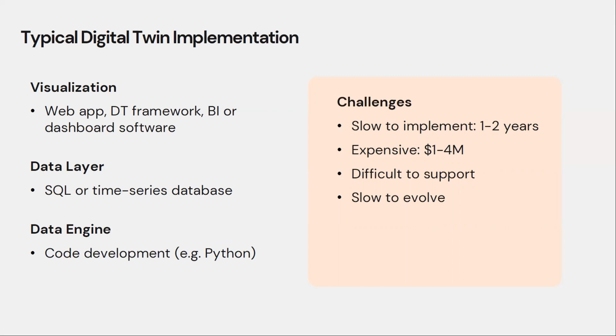However, today's methods of implementing digital twins are very slow, very expensive, and difficult to support by internal teams, because basically it's a black box for the internal team. And also it is very slow to evolve. And unfortunately, all systems evolve really fast these days. So without the ability to evolve fast, systems get out of date very quickly.